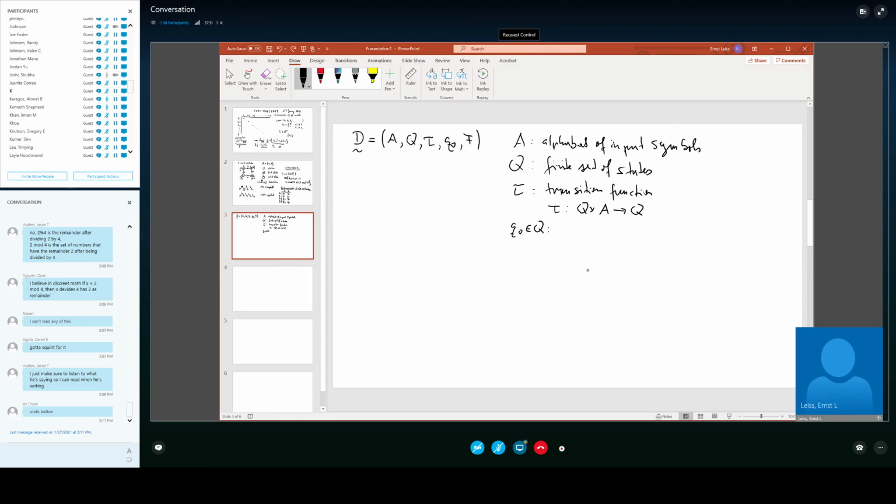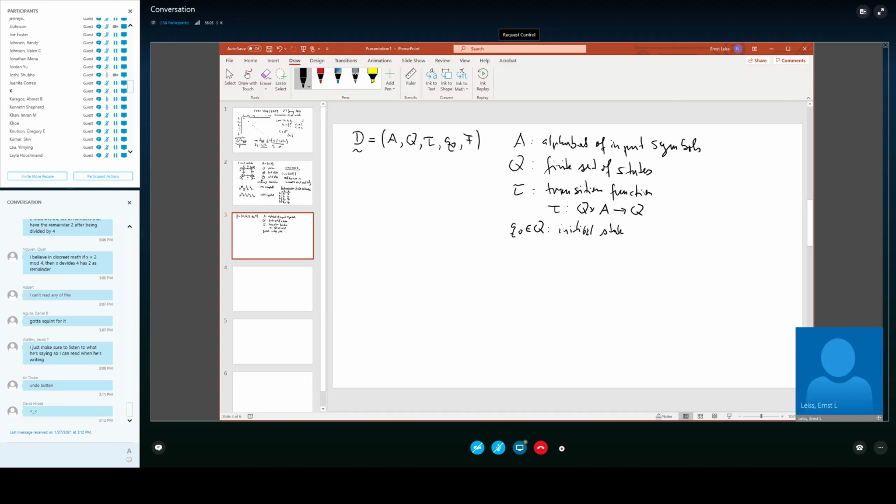So Q0 is the initial state. It is an element of the set of states. It's a single initial state. Some textbooks allow you to have more than one in some contexts, but we don't. And then finally, F is a subset of Q. It is the set of final states.